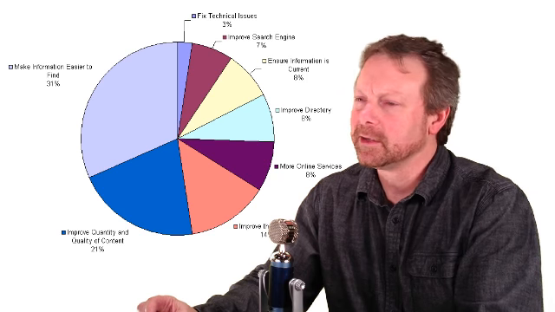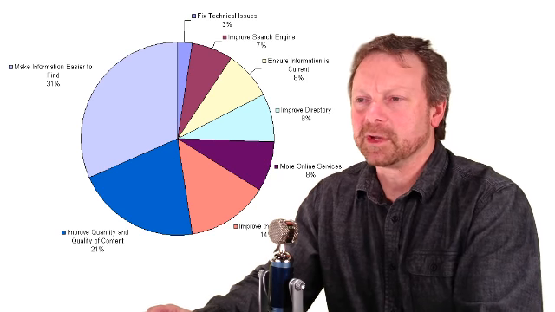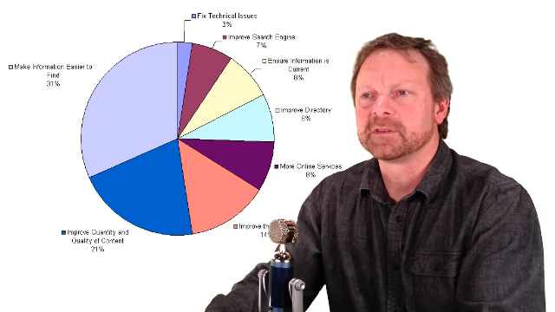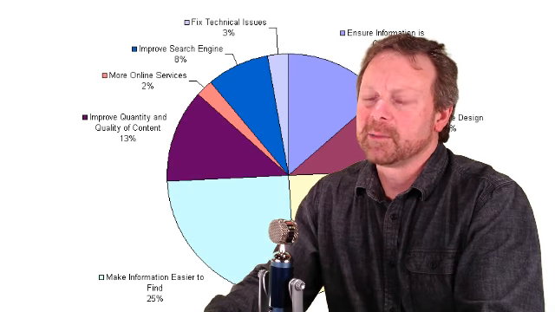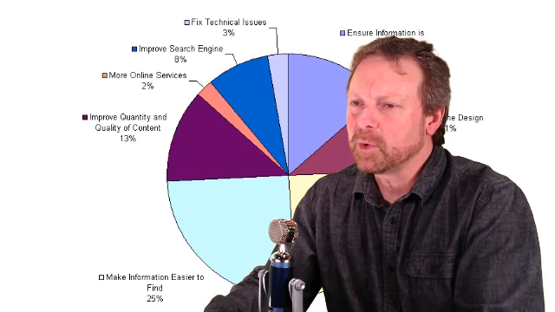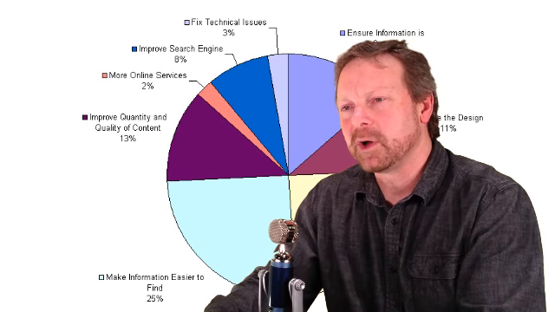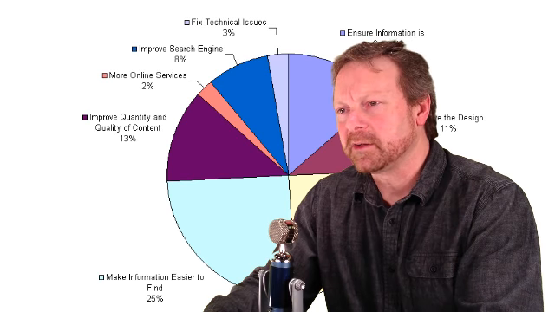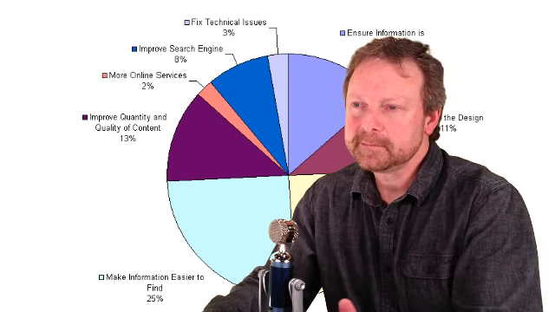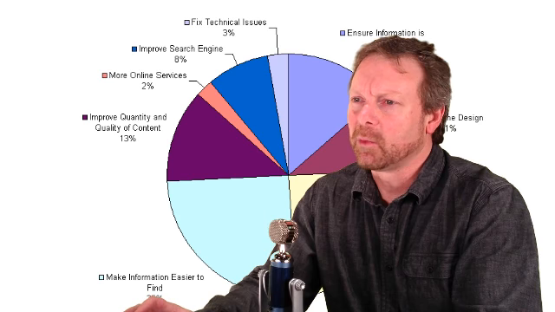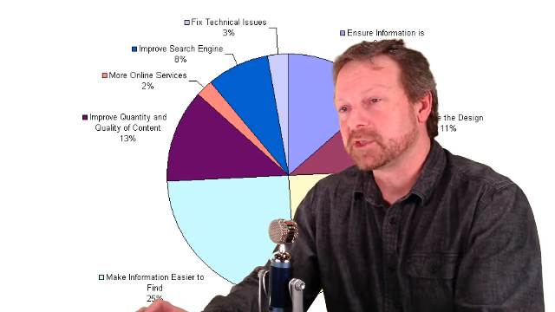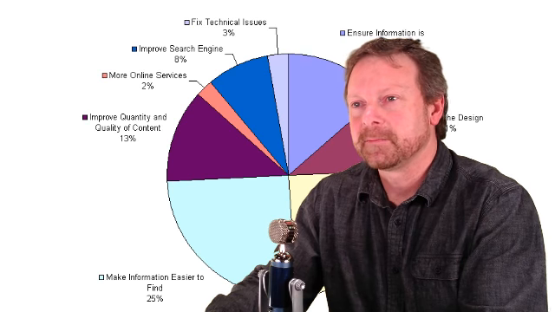That represents almost about 3/4 of the desired improvements. The employees were somewhat similar. About 1/4 of them wanted information to be easier to find, another 1/4 wanted an improved directory, about 11% wanted improvement in design, and 14% wanted to ensure that the content was current and up to date.